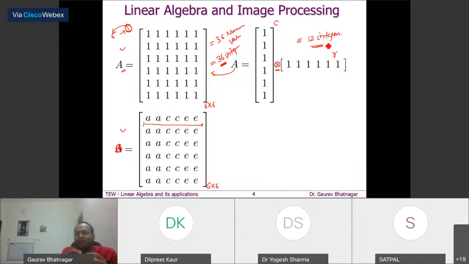So the factorization technique which we have in linear algebra plays a very vital role to optimize the storage capacity for different data volumes.